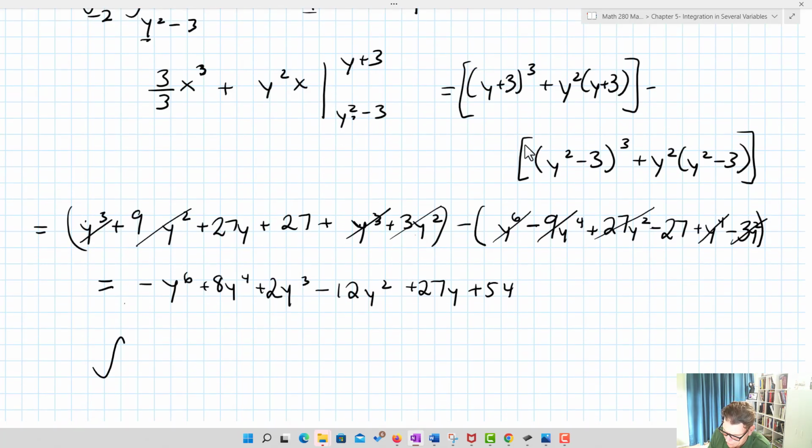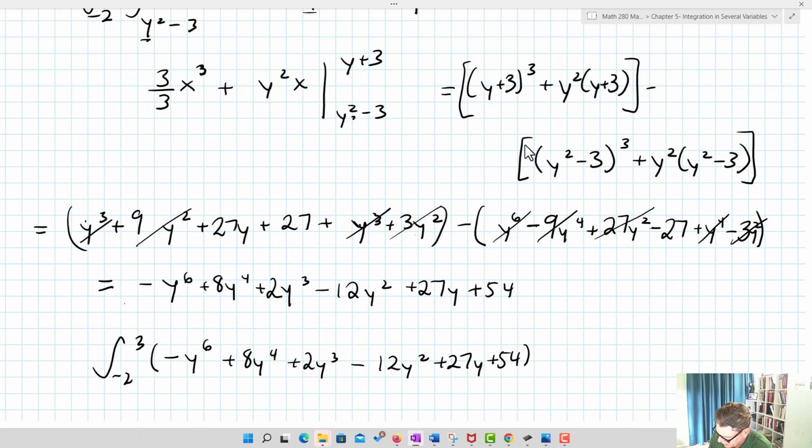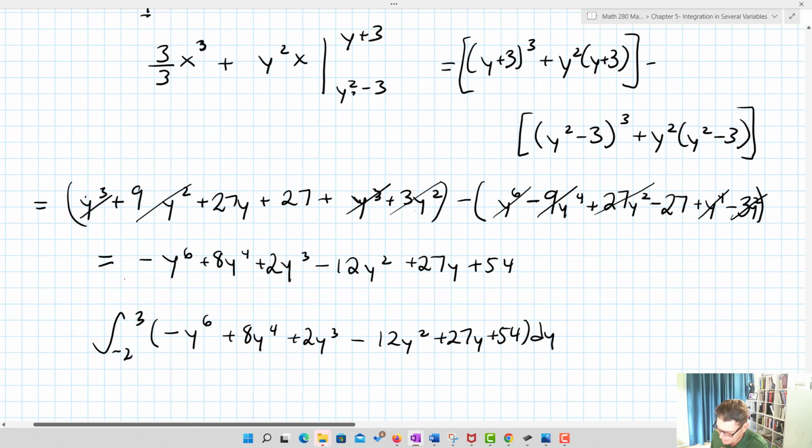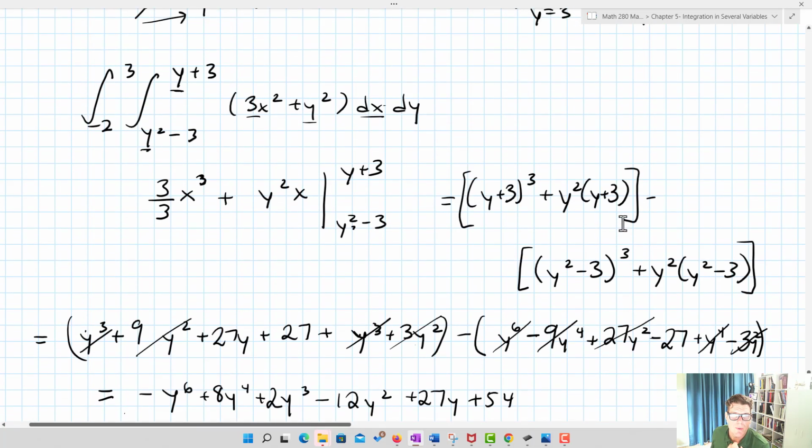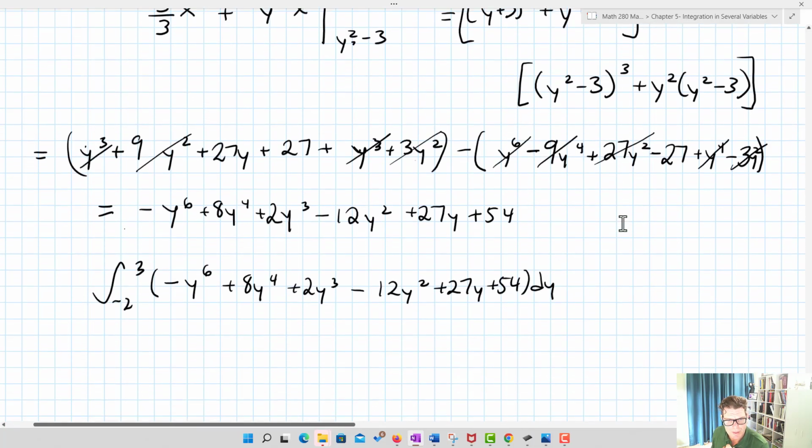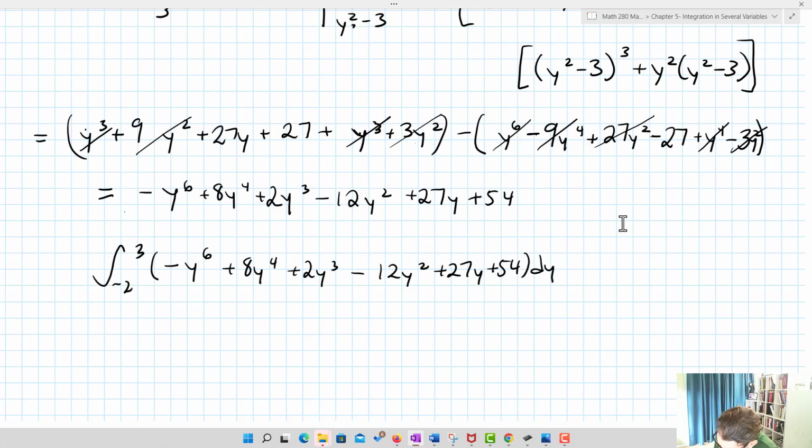So now I have from -2 to 3 of negative y to the 6th plus 8y to the 4th plus 2y cubed minus 12y squared plus 27y plus 54. And you may be thinking to yourself, my God, double integrals take a lot of calculation and a lot of integration. That's true, they do. What are you going to do? Now we just have to integrate with respect to y. That's not so bad.